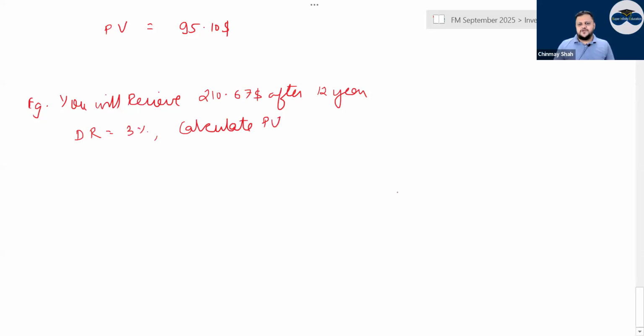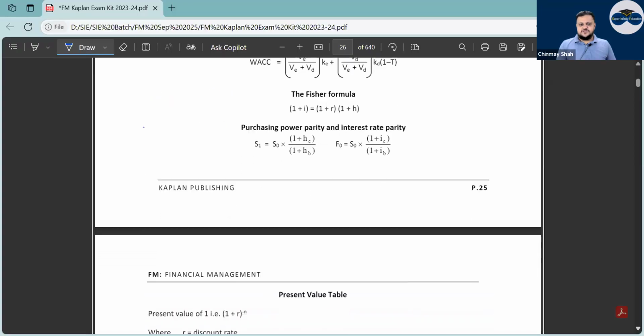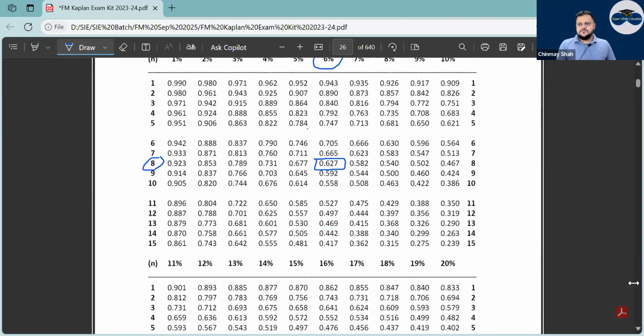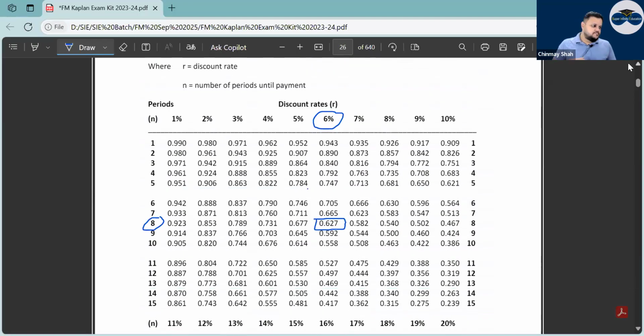We have the present value formula. Now, here is the discounting table for you. Have a look. Discounting table, present value table. Okay.